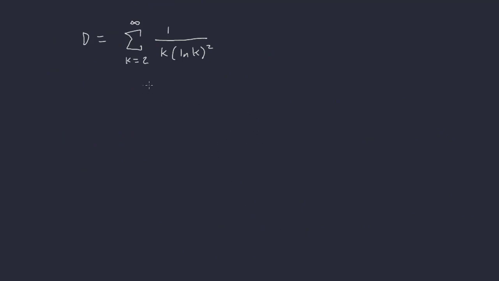All right, so let's look at this series. It's the series k goes from 2 to infinity of 1 over k times ln k, all squared. Now, here's where what I was talking about before really comes into play. Notice it doesn't really matter where our starting position is.